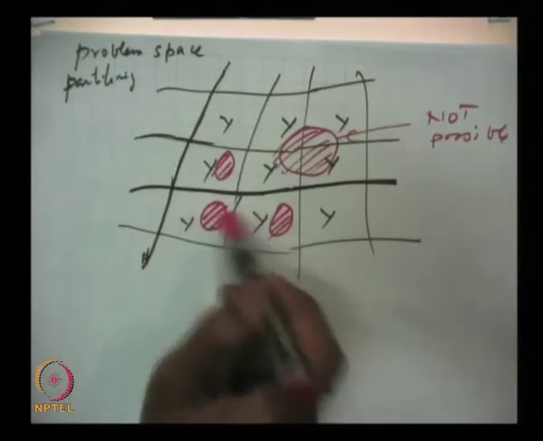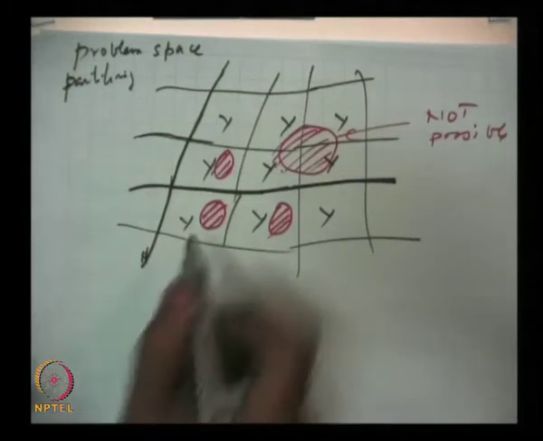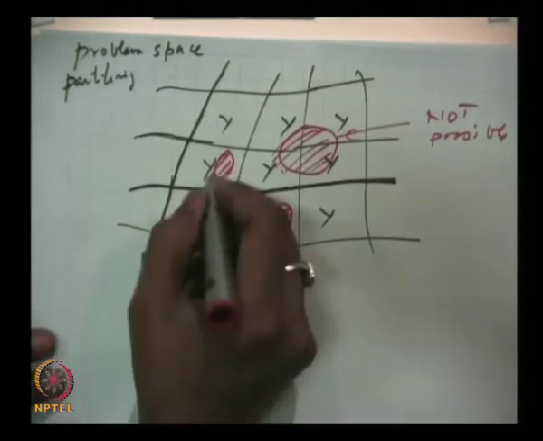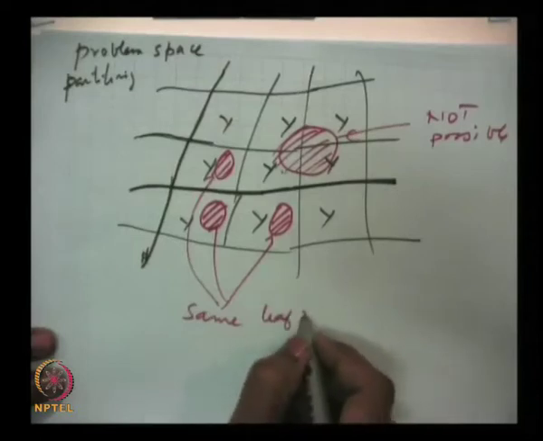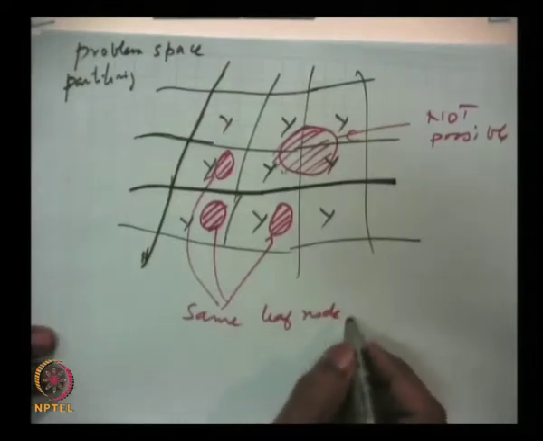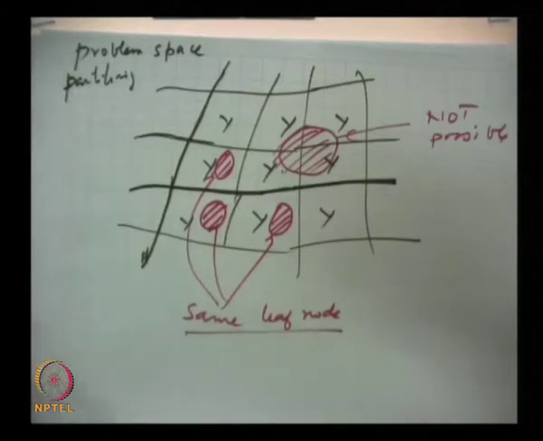Maybe all of them belong to the same leaf node. Particularly, we are arguing about the leaf node. Perhaps they all belong to the same leaf node, because all of them are yes answers. So, this is a plausible scenario. Now, what we will observe is that even this is not possible.